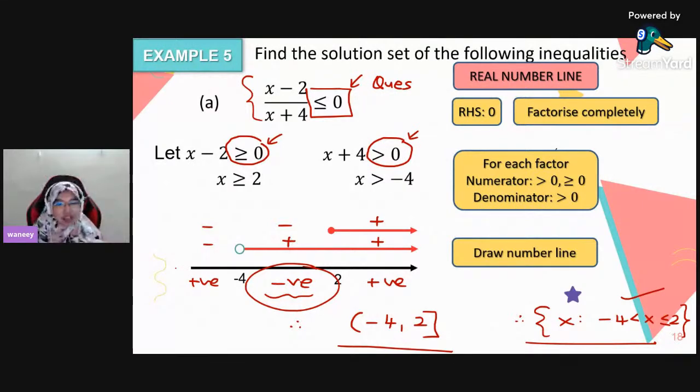Bahagi ke, nak darab ke, tak kisahlah. Sama je. And then make sure to have your final answer below. And then to choose your answer, referring back to your question. Choose depends on the question. Okay, next. So that is A. Now let us proceed to B. So sekali kalau tak faham boleh tanya kat tutor.